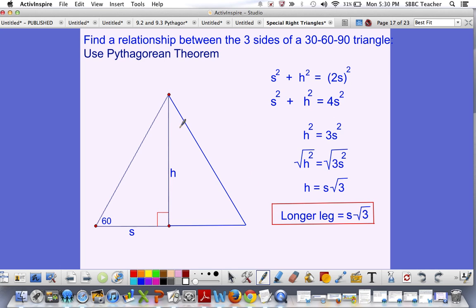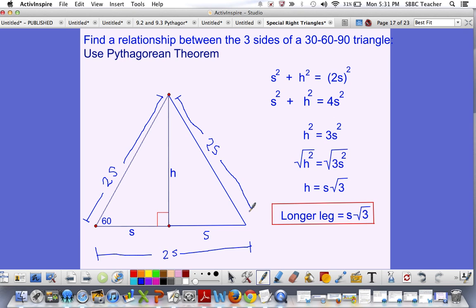That means that this part is also s. So the whole side length is 2s. Since it's equilateral, the other sides are also equal to 2s. Not 25, it's 2s.